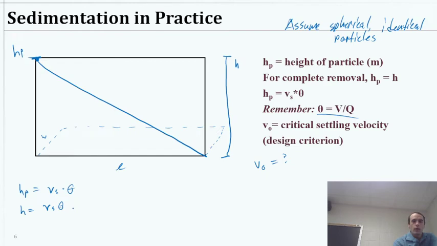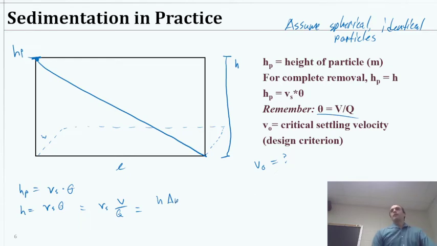So if that's our equation, we can actually do something interesting, because the height is also a defining term of the volume, right? The height of this reactor is important for the volume of the reactor as well. So rather than leave it as theta, I'm going to go ahead and say that's the settling velocity times V over Q. And thinking about the volume, that's where our height is going to come from. So this is going to be the height of the reactor times the area of the basin.